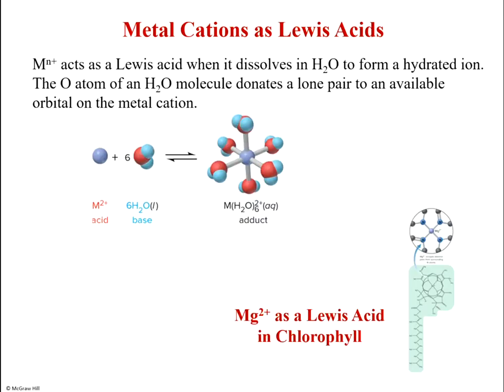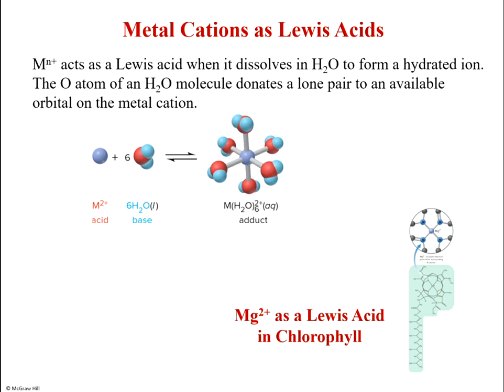Metal cations very often act as Lewis acids. So here we're seeing a divalent metal cation, like iron 2, can react with water to form an adduct with water. Even if protons are not released, this is acting as a Lewis acid, and the water is acting as the Lewis base.